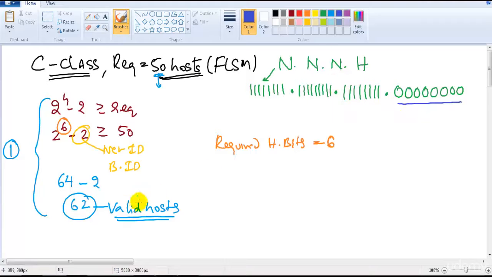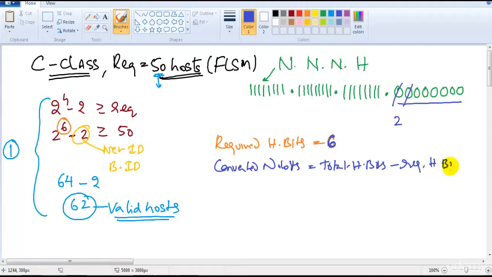Out of 8 host bits, I need only 6, because according to my requirement, if I use 6 bits as host, that will be sufficient. So the remaining 2 bits we are going to convert into network. Or we can write it like this: converted network bits n = total host bits minus required host bits.